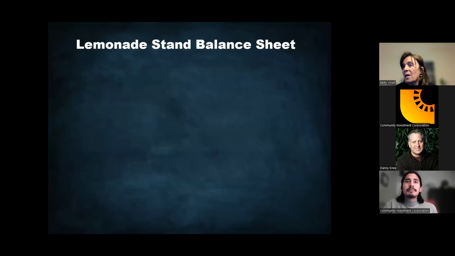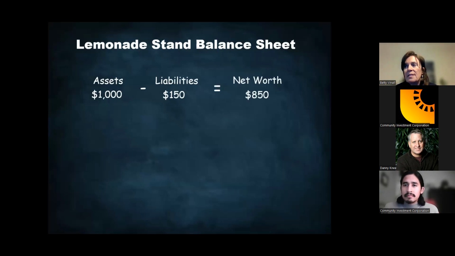So if we take our lemonade stand balance sheet, we will have our assets at $1,000 minus our liabilities, $150, gives us the value. Our net worth is $850.